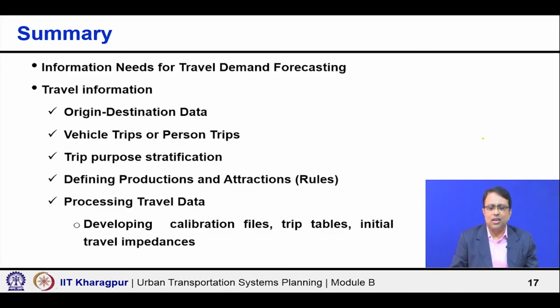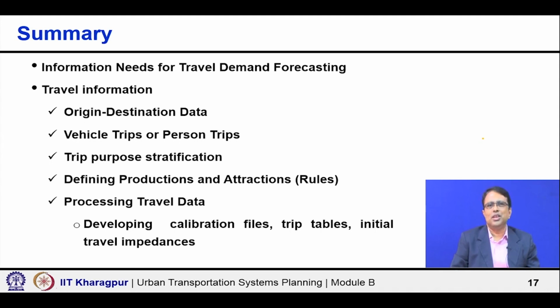So, what we discussed today, in summary: in this lecture we again told you that there are 4 major areas where we need information for carrying out travel demand forecasting, and out of those we discussed in detail the travel information part. We talked about the OD data, which is very important.